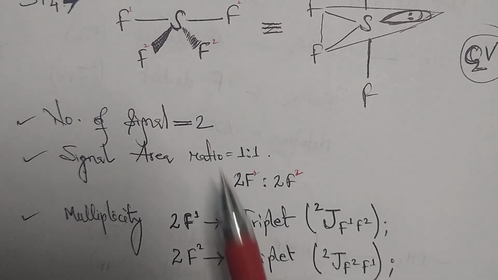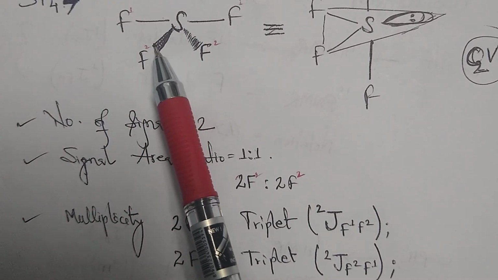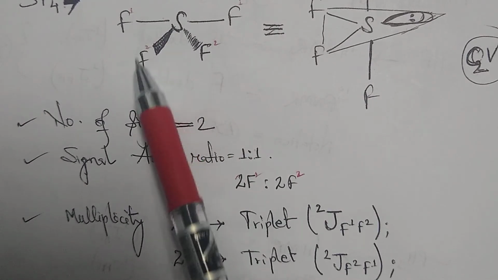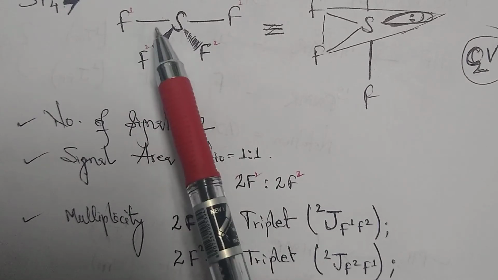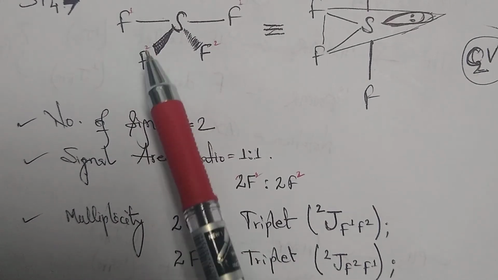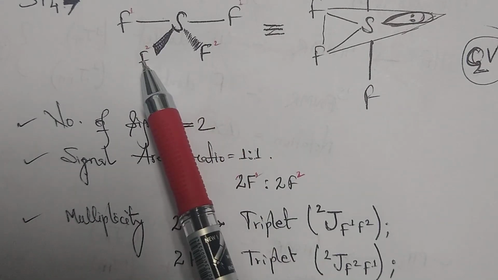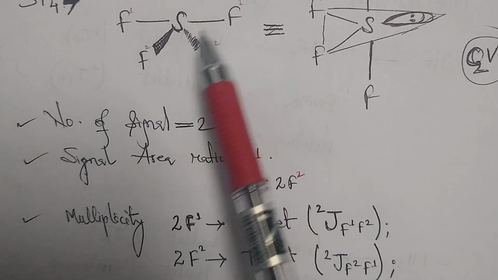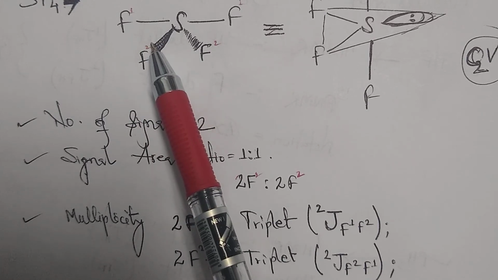Similarly, for fluorine number 2 we will get the coupling constant due to this bond up to this bond over here, that is this fluorine number 2 will couple with this fluorine number 1 via the 2 bond. So it will couple with this number 1 fluorine from this side, and another number 1 fluorine, which are different from this fluorine number 2. So it will couple with the 2 fluorine, and we will get a triplet multiplicity signal for the second type of fluorine with its 2 bond coupling constant.